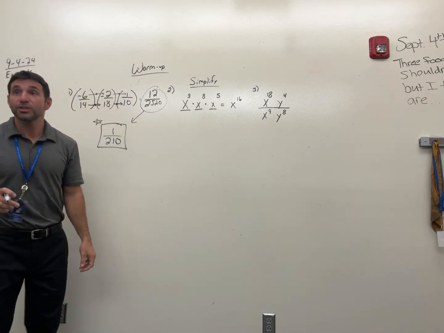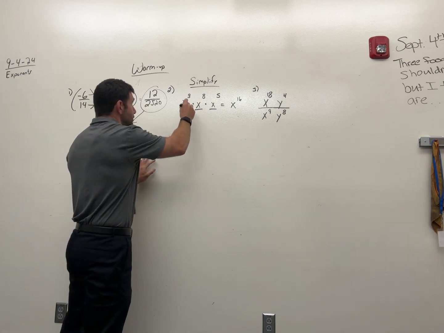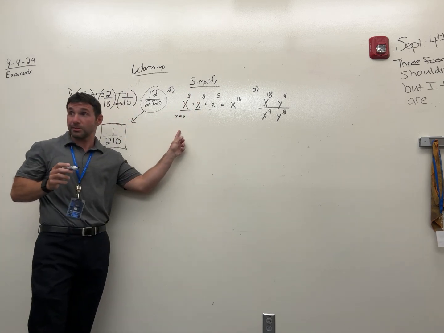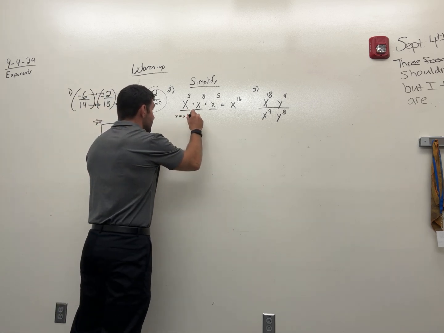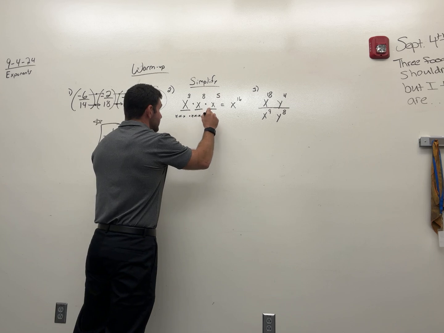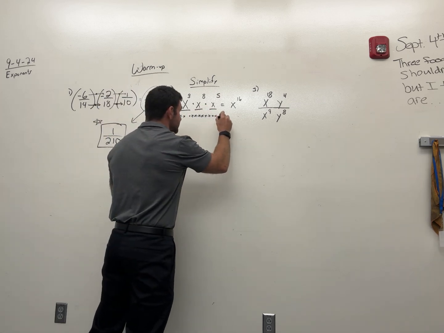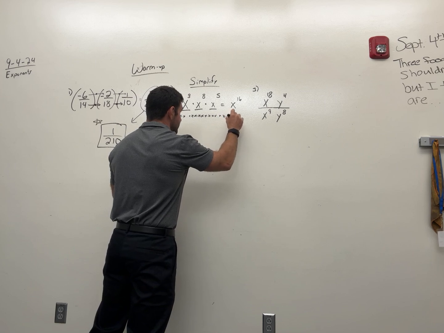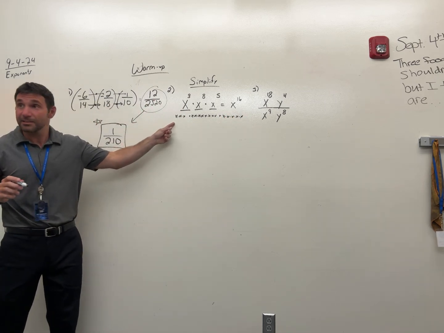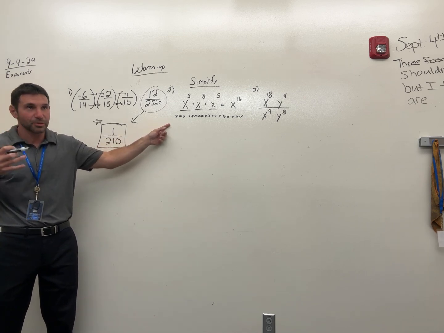And you might say, Mr. H, why are we adding them? Okay, so I'm going to do this. X, X, X. That's what x to the third is. Then the 8: 1, 2, 3, 4, 5, 6, 7, 8. Now the 5: 1, 2, 3, 4, 5. Does everybody see this? This is really what exponents are.